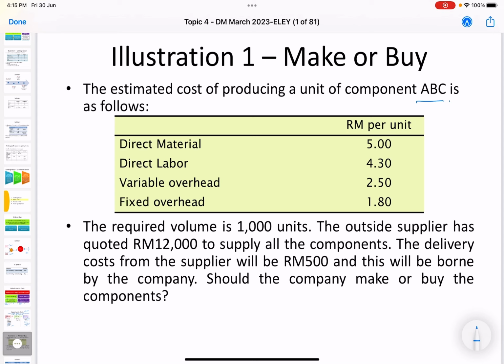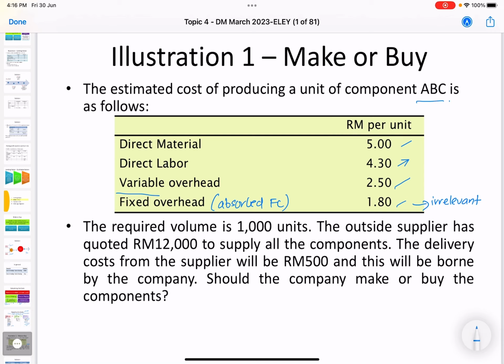Direct material 5 ringgit, direct labor 4 ringgit 30, variable overhead 2 ringgit 50, and then fixed overhead 1 ringgit 80. This fixed overhead is an absorbed fixed cost, so this is not additional fixed cost. Absorbed fixed cost is an irrelevant cost, so you need to ignore it in your cost of making.